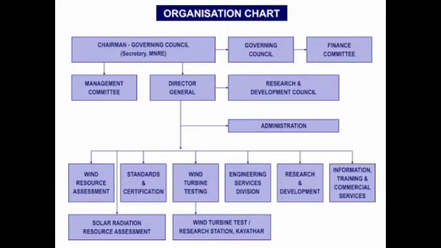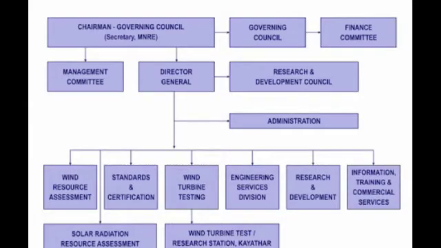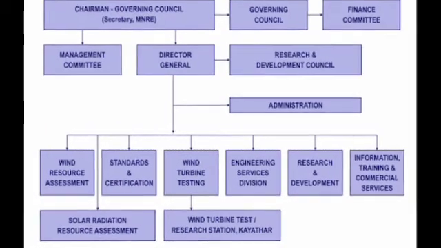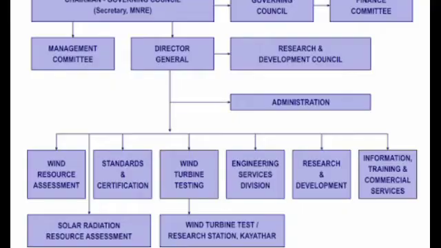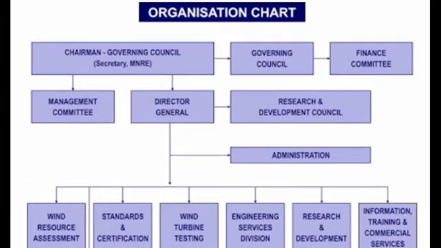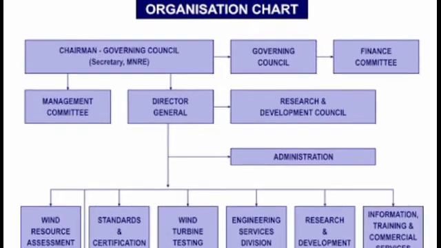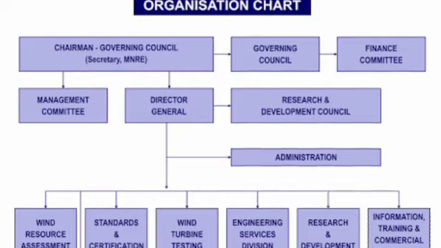Here is another example. This is an organization chart of a wind power station, the wind turbine power station of Kavatur. The chart shows that there will be a chairman or governing council. There is a secretary and a council supporting the secretary financially, as well as for whatever decisions he wants to make, there will be a governing council.